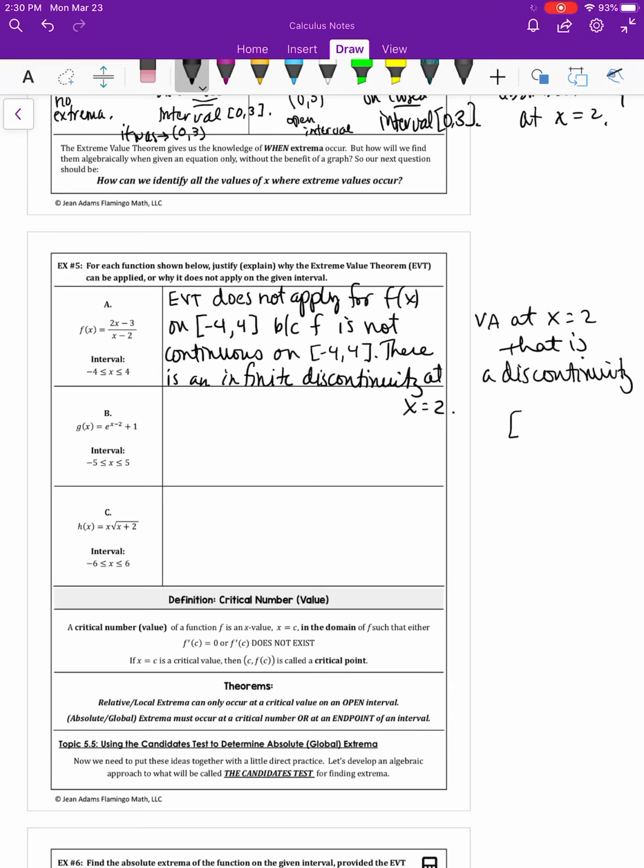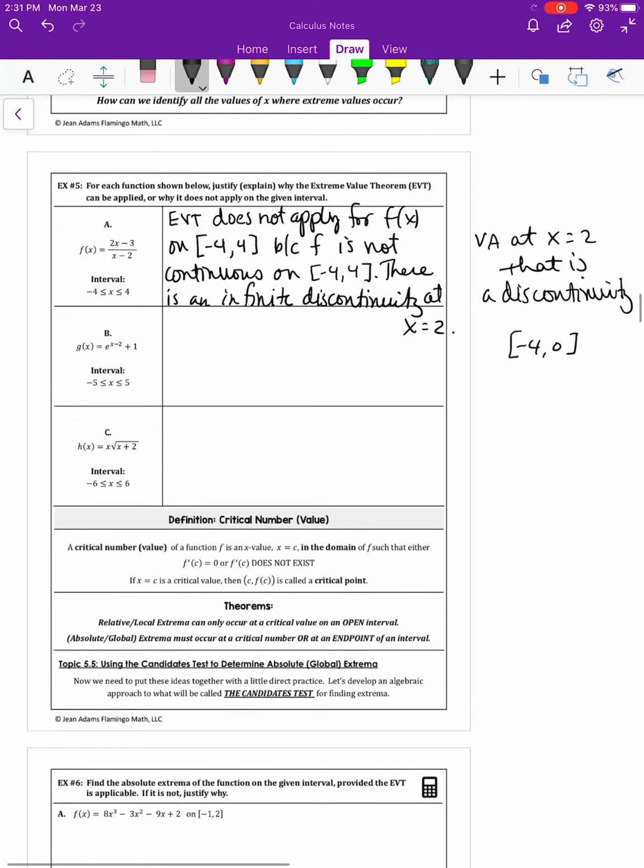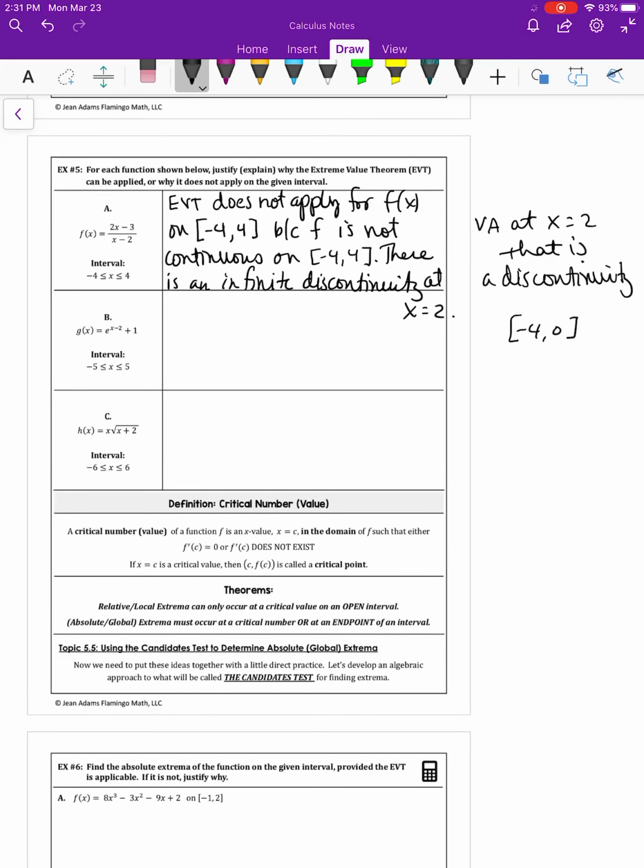So if I would have given you this same function on the interval from, let's say, negative 4 to 0, you could have applied the extreme value theorem, okay? Because that did not involve x equals 2. So you just have to be careful, and think about your function and what it has, and then think about your interval and whether there's a problem in that interval. Okay, letter B. We've got e to the x minus 2 plus 1 as our function from negative 5 to 5, and I don't think there are any discontinuities on an e function that has been shifted.